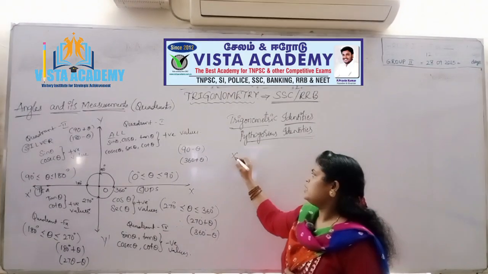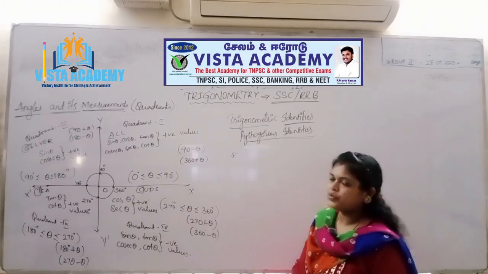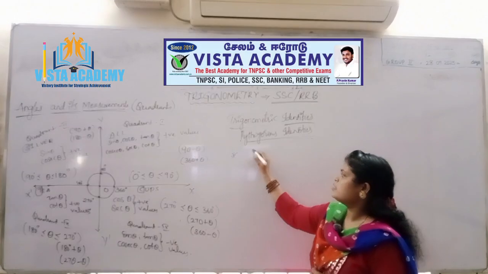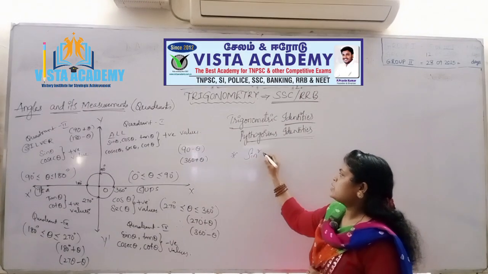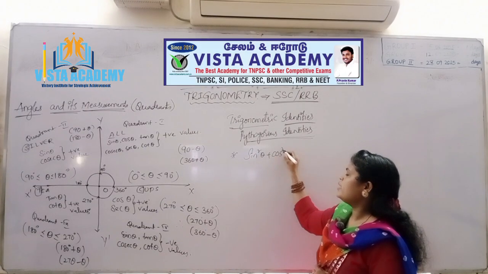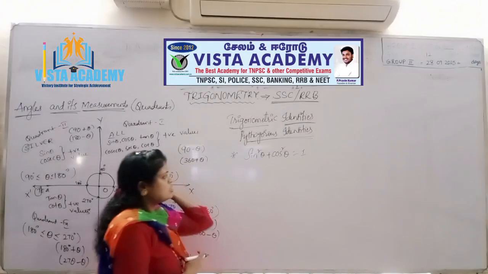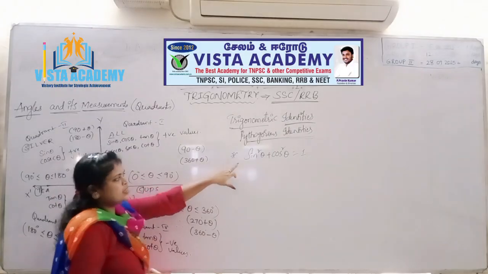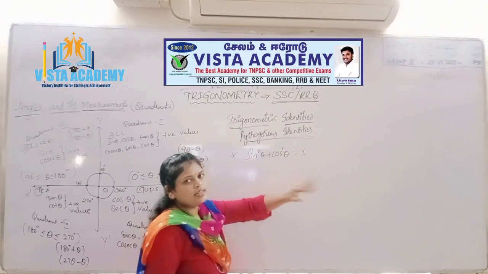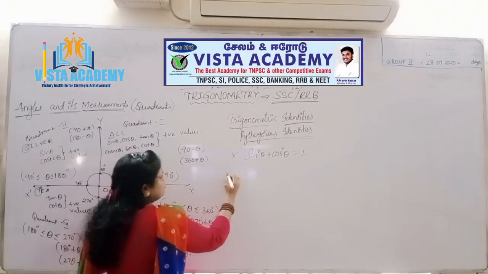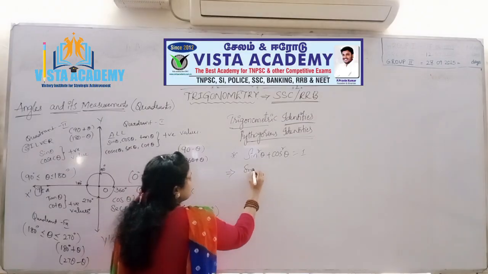Let us check out the 3 most important formulas that we are going to see in the trigonometric identities. First formula: sin square theta plus cos square theta is equal to 1. The foremost and first identity formula is sin square theta plus cos square theta is equal to 1. And next, from this I can derive sin square theta.